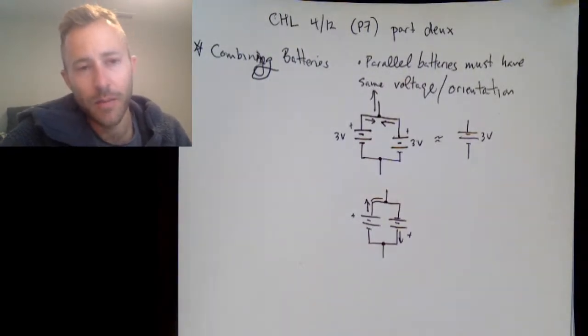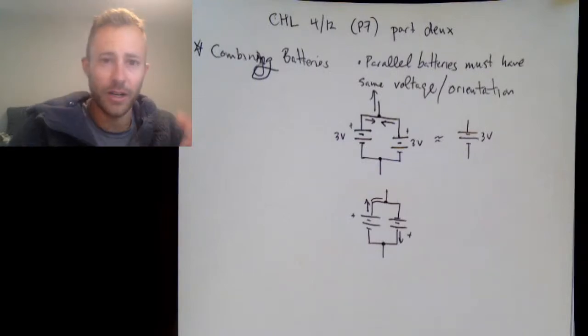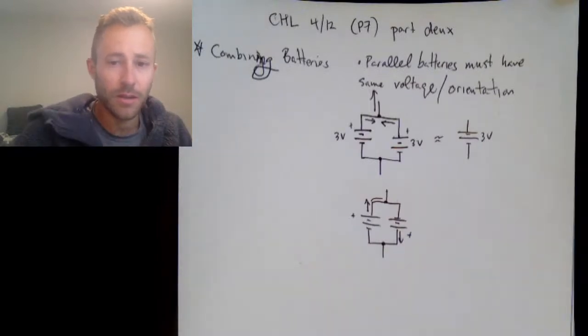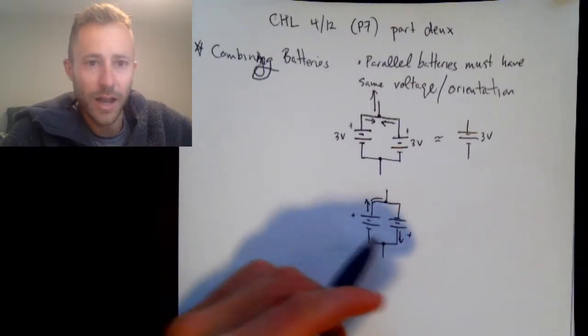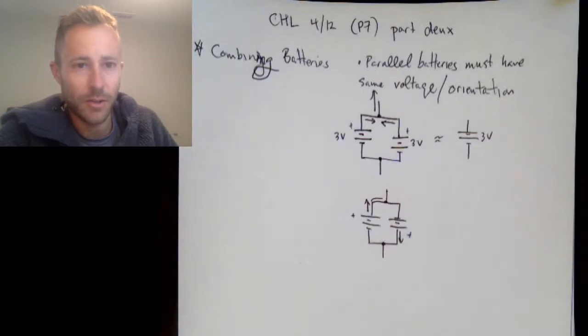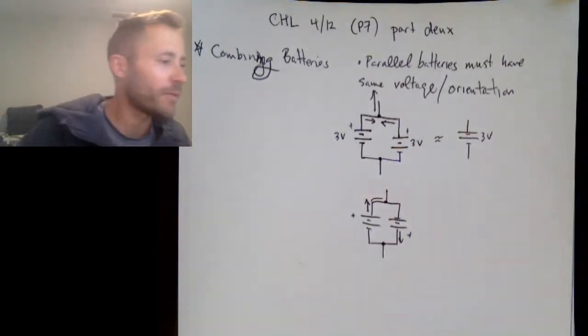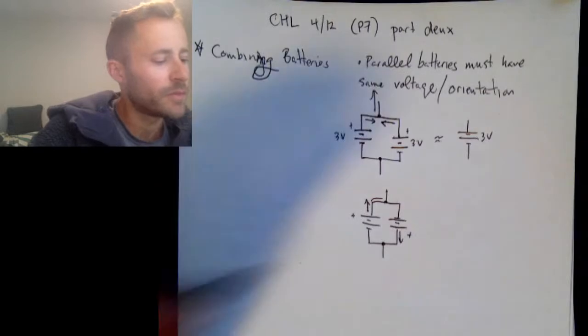So this can happen if you are jump starting a car and you connect the batteries in the wrong way. It's possible to accidentally connect them in this way, and then you can have danger of a fire. So you would not do this.